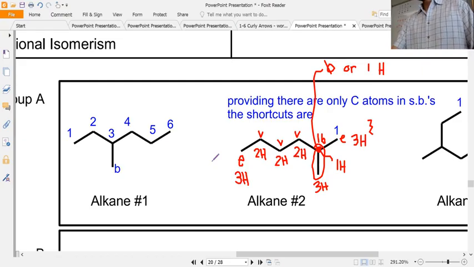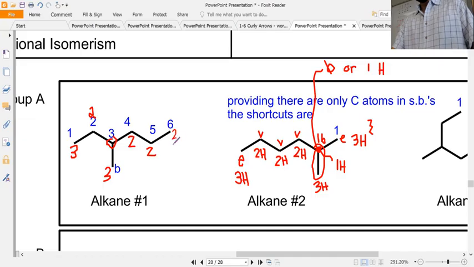Helpful hints, quick tips. I can come into this one and say, endpoint, 3 hydrogens. Unbranched, 2 hydrogens. Branch, I gotta look at that. Line ends, 3 hydrogens. Unbranched, 2 hydrogens. Unbranched, 2 hydrogens. Line ends, 3 hydrogens. As quick as that.